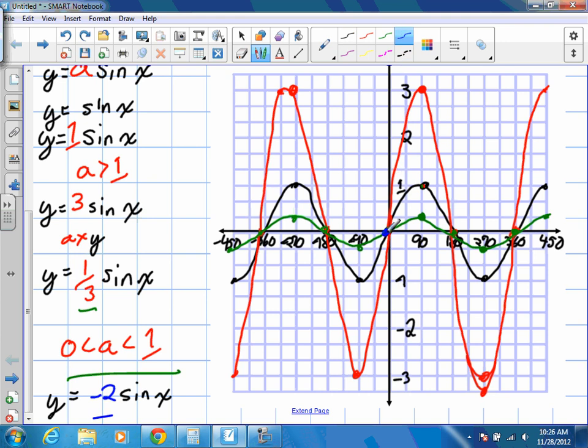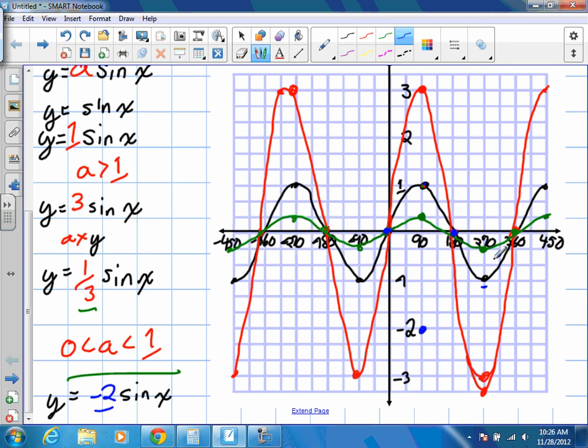What would positive 1 times negative 2 be? Negative 2. So we come down towards negative 2, which shows that we're in the opposite direction as before. 0 times negative 2 is still 0. What is negative 1 times negative 2? Positive 2. Great.